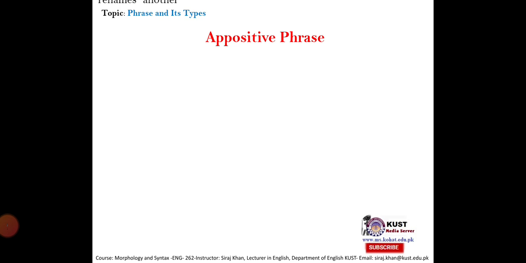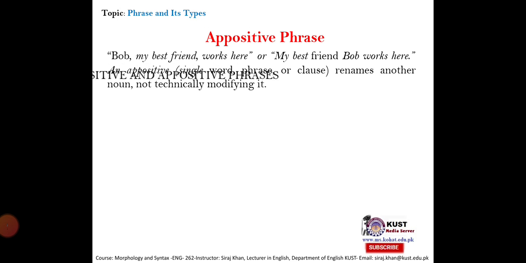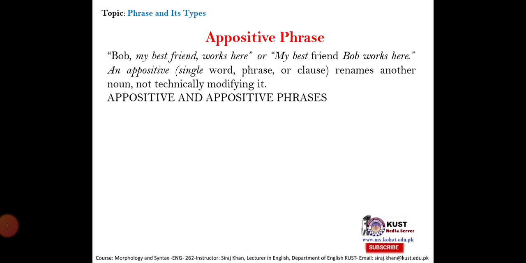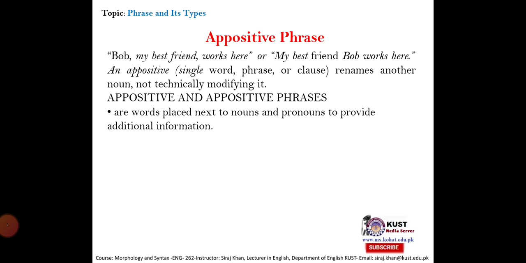An appositive phrase: Bob, my best friend, works here, or my best friend Bob works here. An appositive, a single word, phrase or clause, renames another noun, not technically modifying it. Appositive phrases are words placed next to nouns and pronouns to provide additional information, like Bob followed by my best friend.